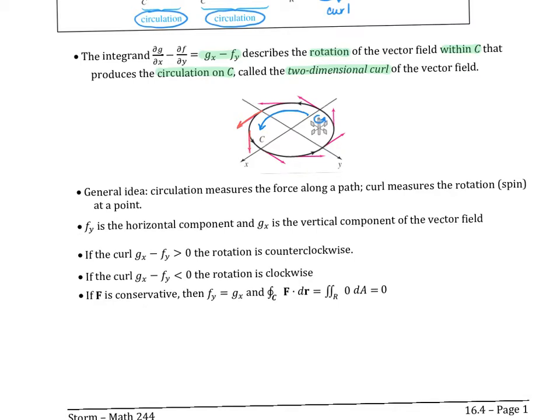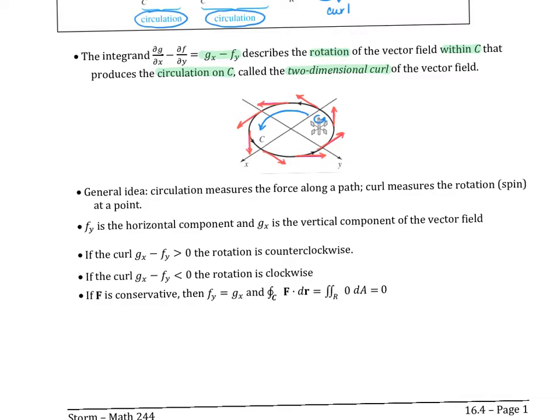So remember, the circulation is the net of the vectors that are tangent to the curve. So if you have a rotation within a curve, or curl, this spinning at a point within the curve, then it's going to keep rotating and spinning outward, eventually producing these tangent vectors, or the circulation on the curve.